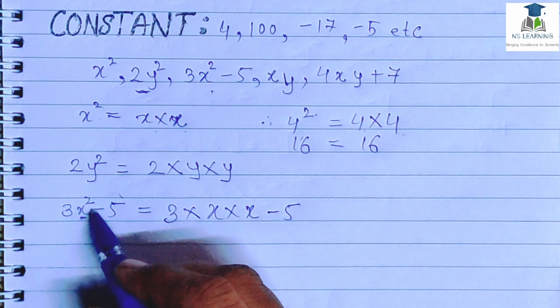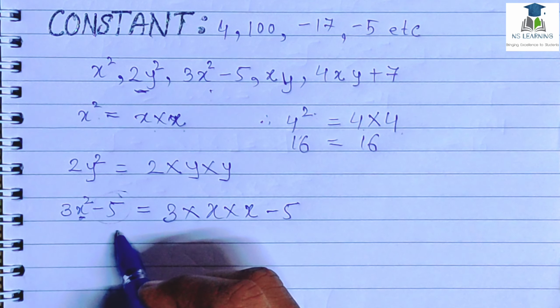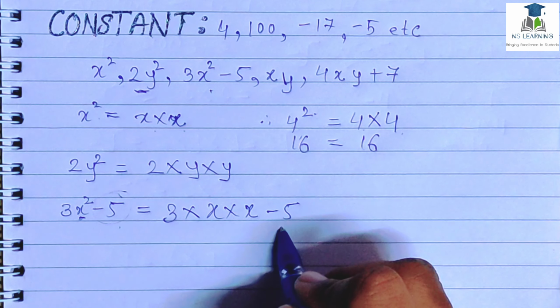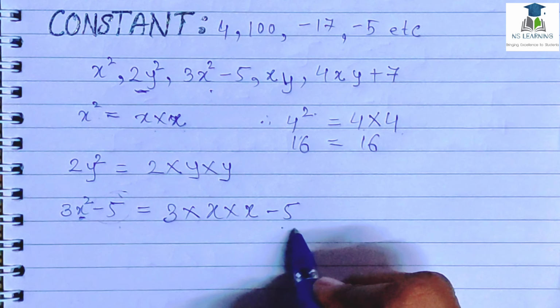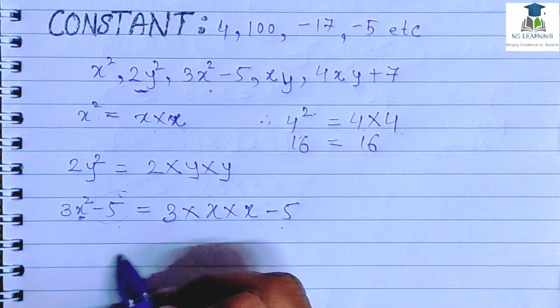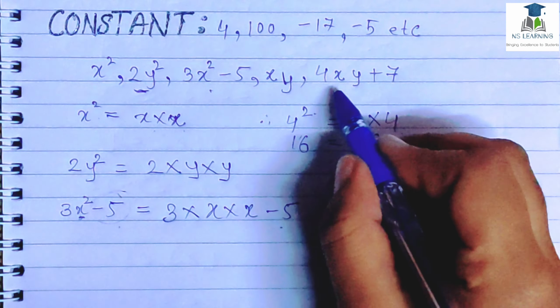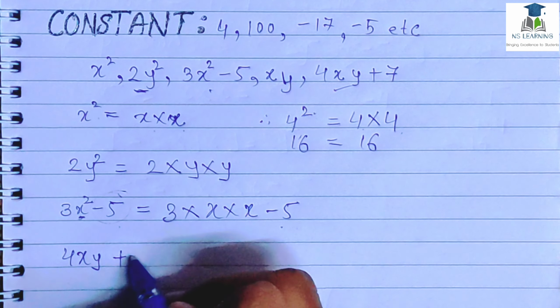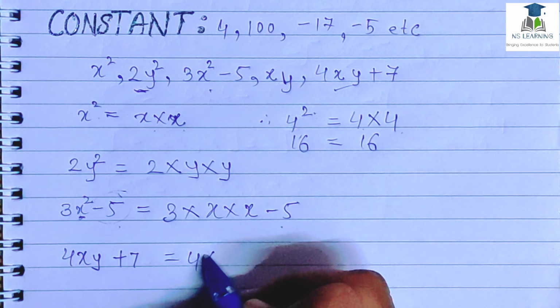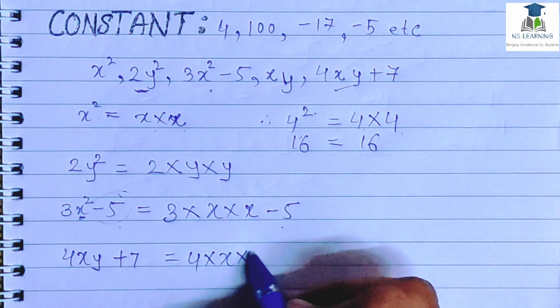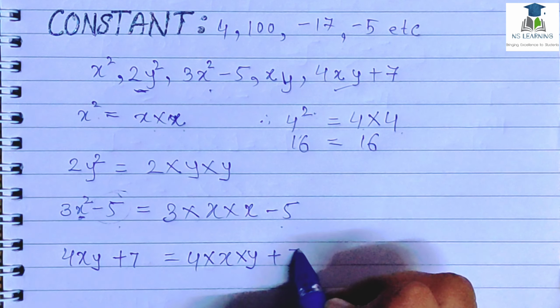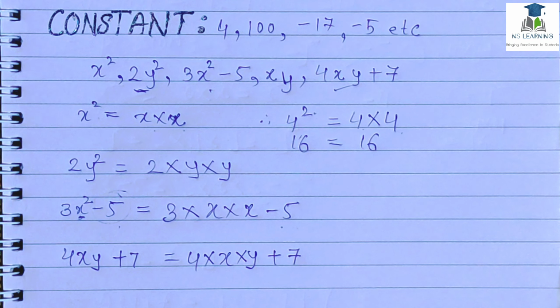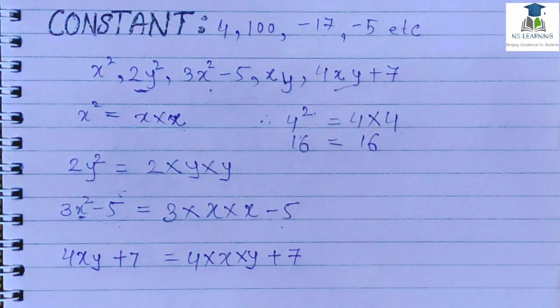As you can see, minus 5 is a constant term, so it has a fixed value. No need to factorize the number. The fourth one is 4xy plus 7: 4 into x into y plus 7. I hope you understand how to find the expression by using variable and constant terms.